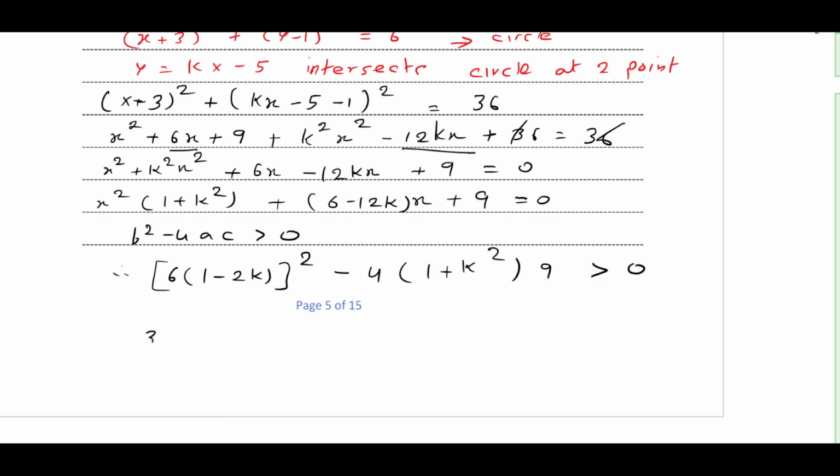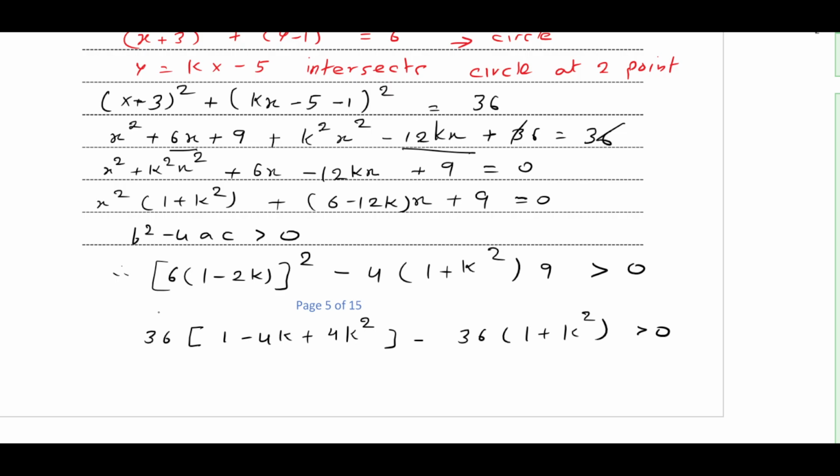So here it is 36, and this bracket we will solve: 1 minus 4k plus 4k square, minus 36 times 1 plus k square.